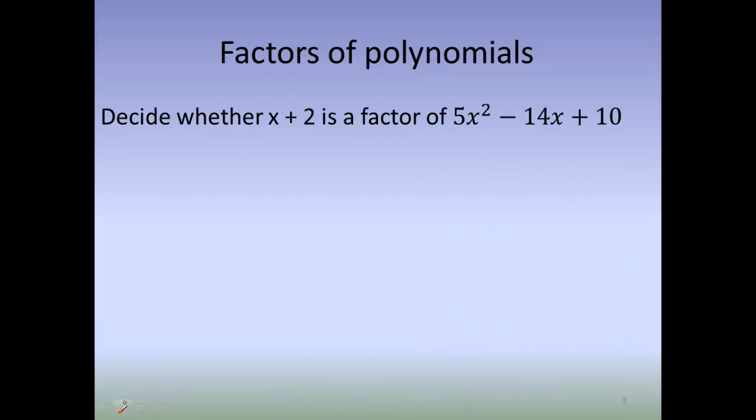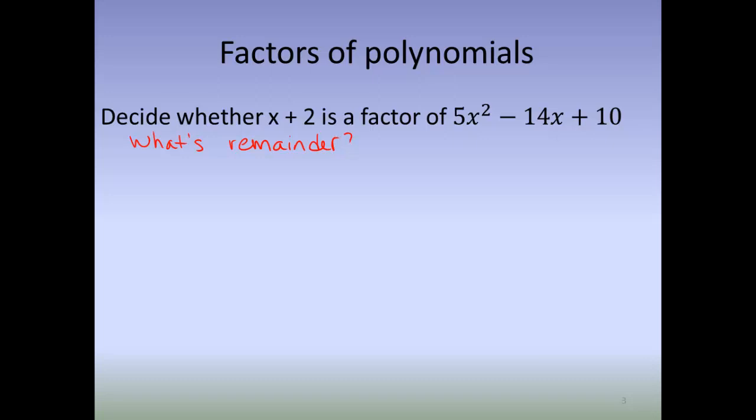First question is going to be to decide whether, and we give you the binomial x plus 2, it's a factor of the first one. We're going to do the division, and the question is, what's the remainder after you do the division?